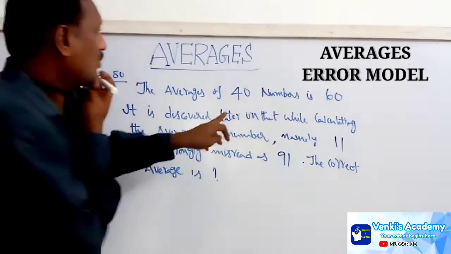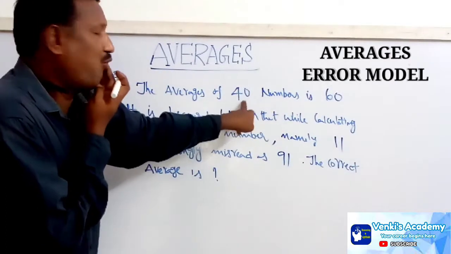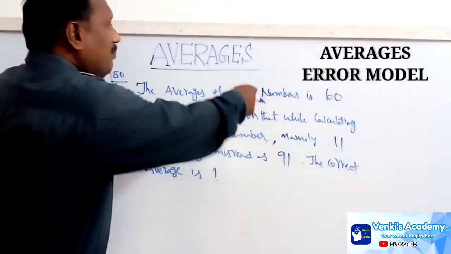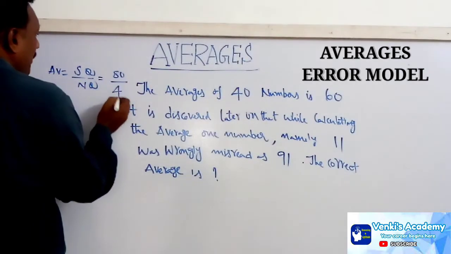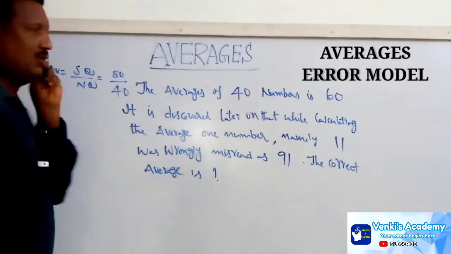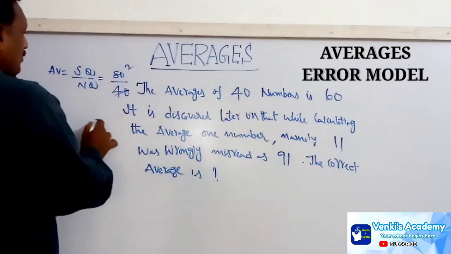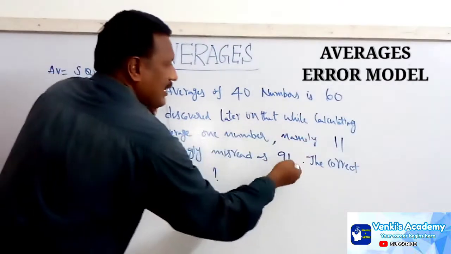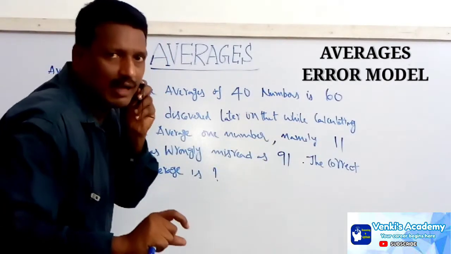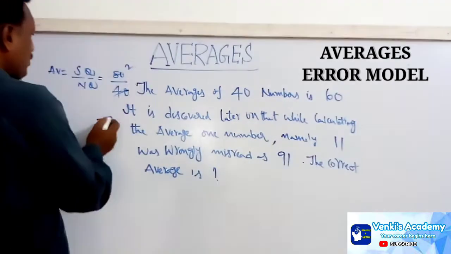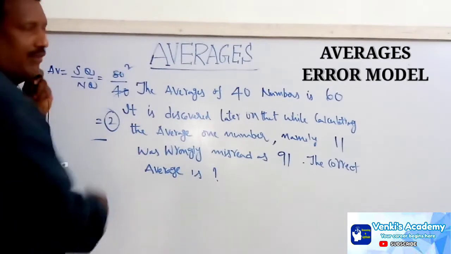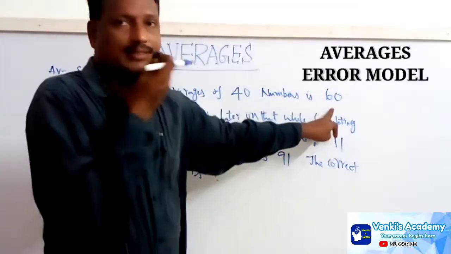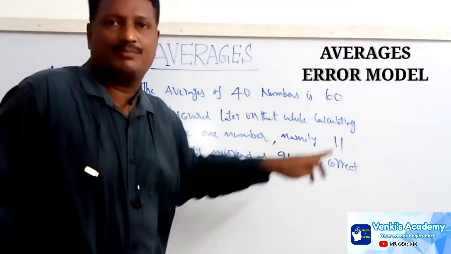Number of quantities means the total numbers. How many here? 40. So instead of the number of quantities, we put 40. So this difference of 80, when converted into the average, becomes 2. Now this 2 we can consider as an average. Now we can get the answer.